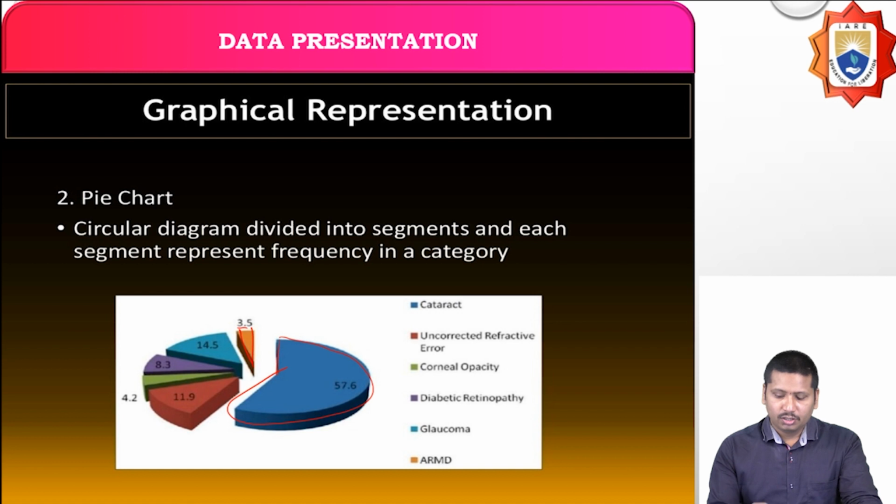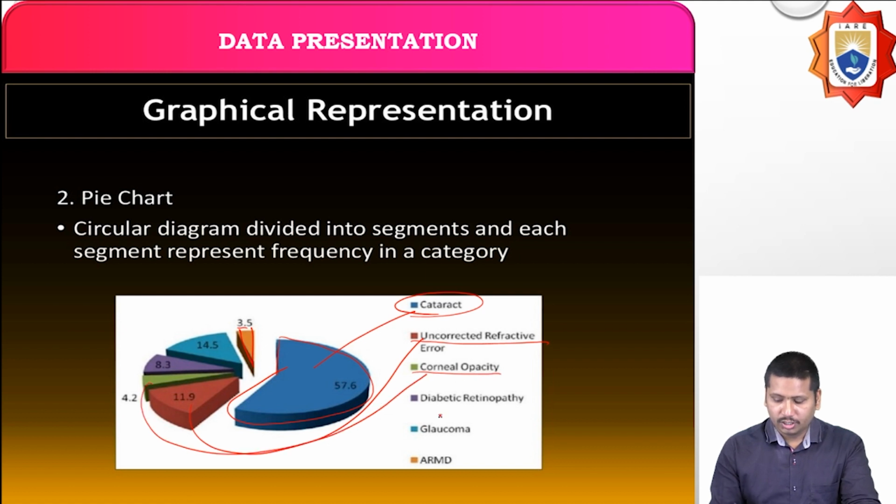So the blue color indicates cataract, and uncorrected refractive error, how much it is, and corneal opacity, how much it is, diabetic retinopathy, like this.